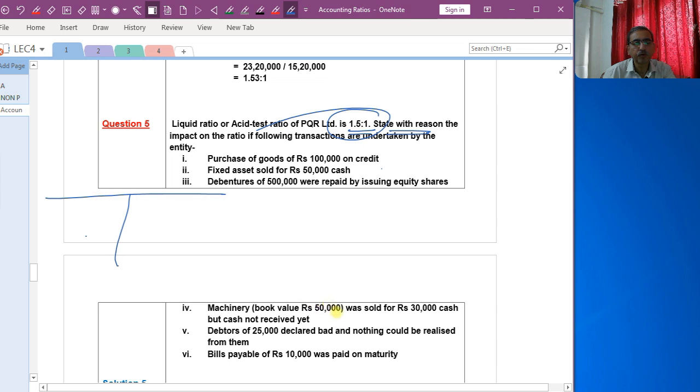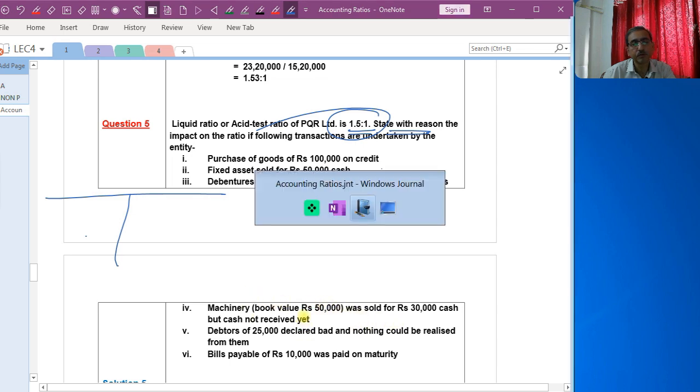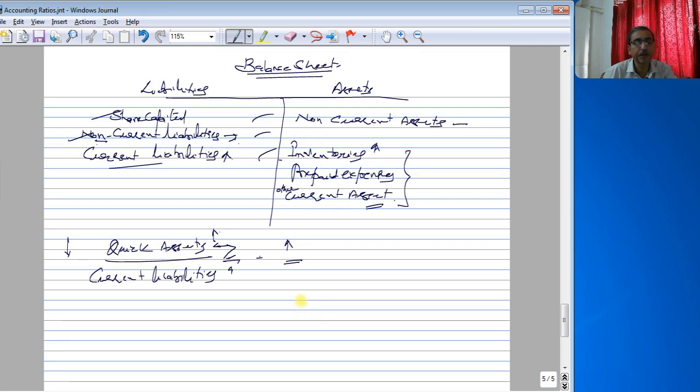Now machinery of book value 50,000 was sold for cash, but cash not received. You have to write an assumption here that we assume the cash will be realized in the next 12-month period, a short-term period.